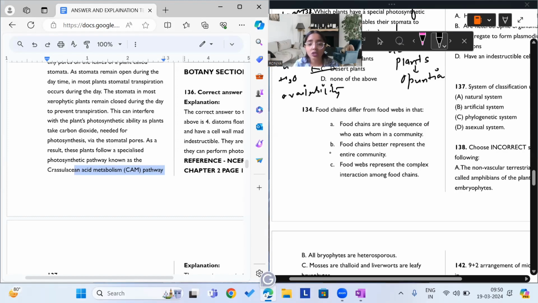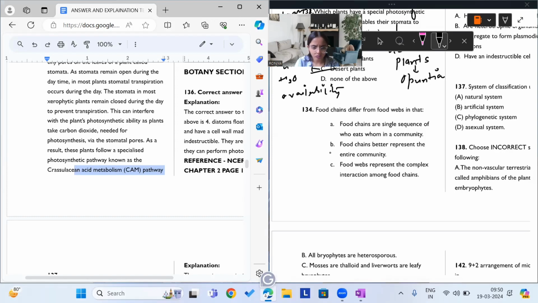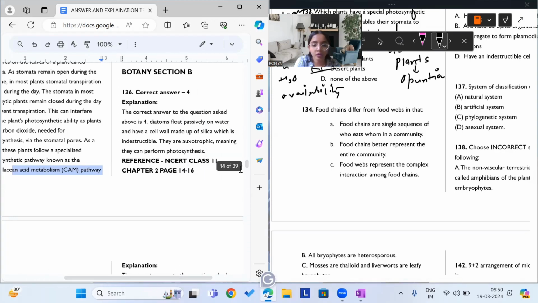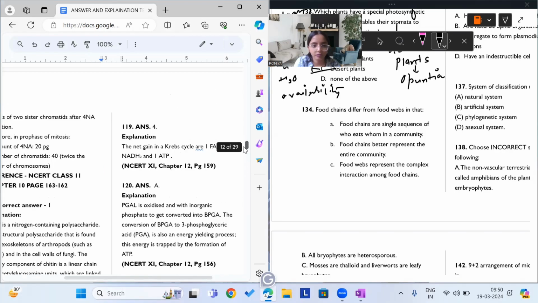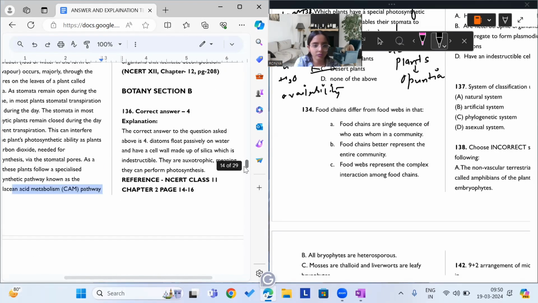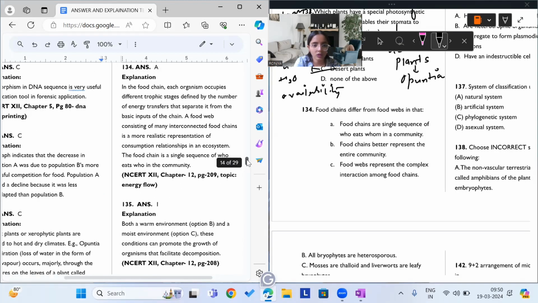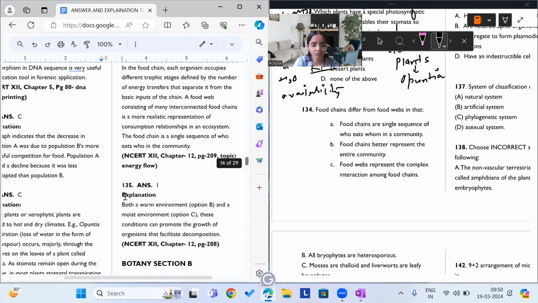Question 134, food chains differ from food webs in that... Okay, so we have to see how food chains and food webs differ from each other. I have to show you, right?